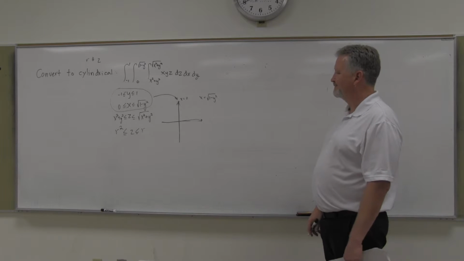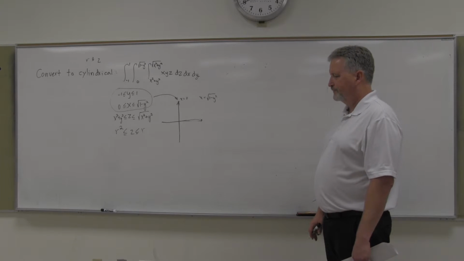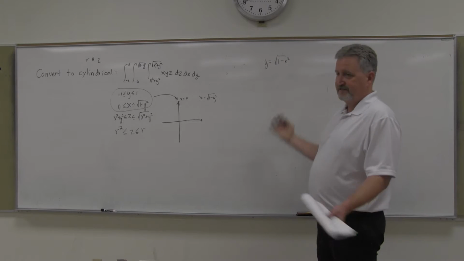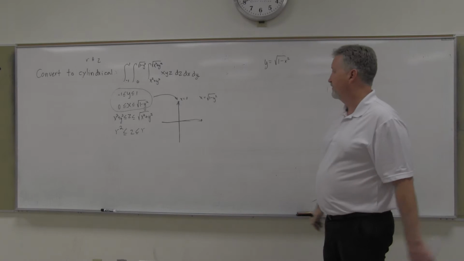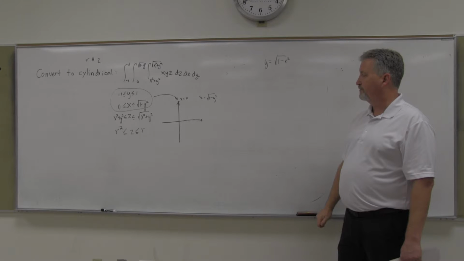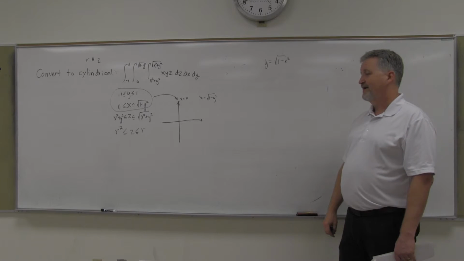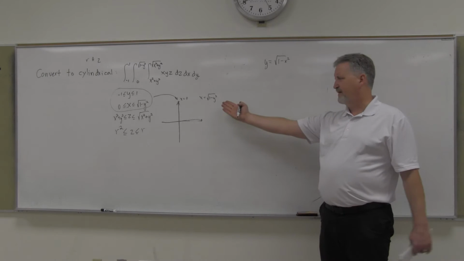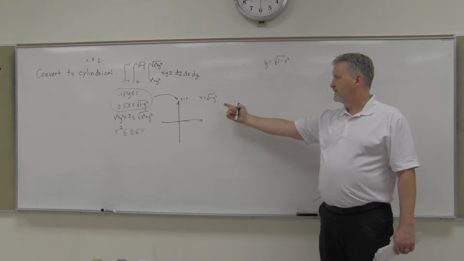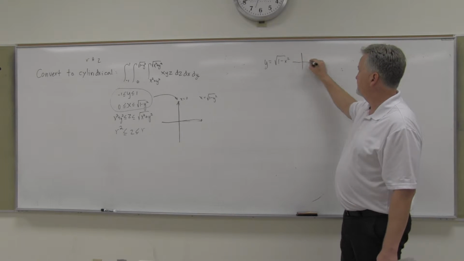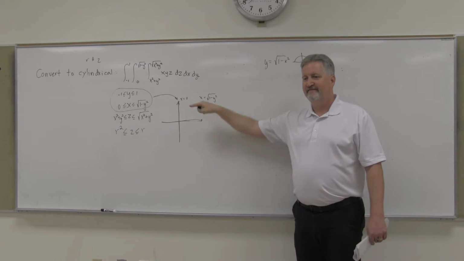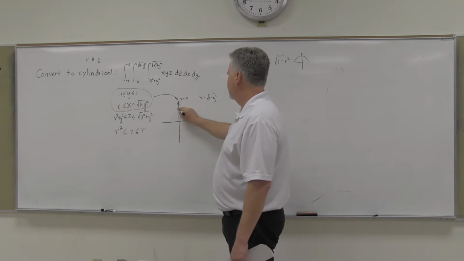Well, it's similar to y equals the square root of 1 minus x squared, which is the top half of a semicircle. I've exchanged the x's and y's there, and I think we might have done this last time. Do you remember what that one was? This is the right half of the circle, radius one.